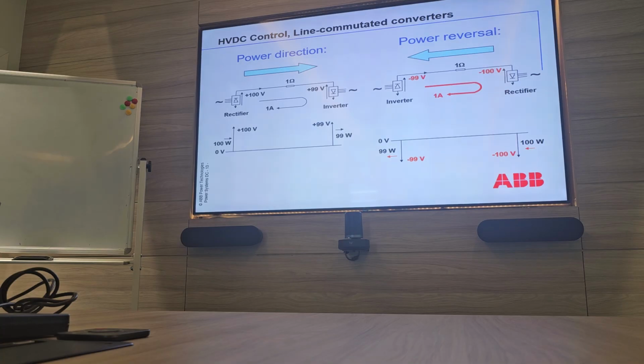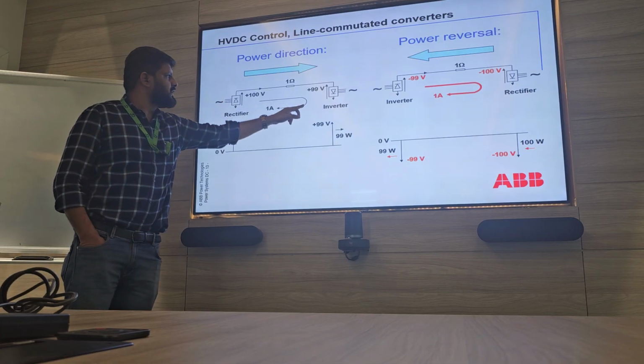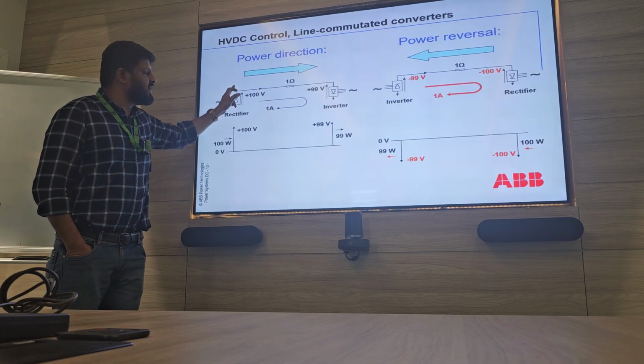But here, why is the direction left from the right side? It's opposite to the thyristor direction. The thyristor is going down, and this is the current direction. The thyristor flows in one unidirectional direction.